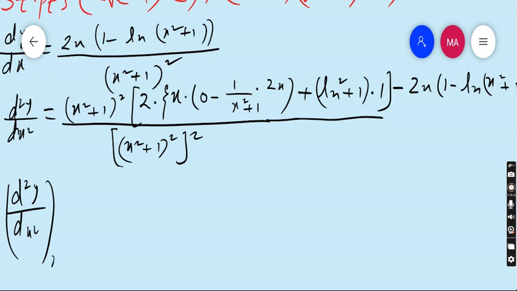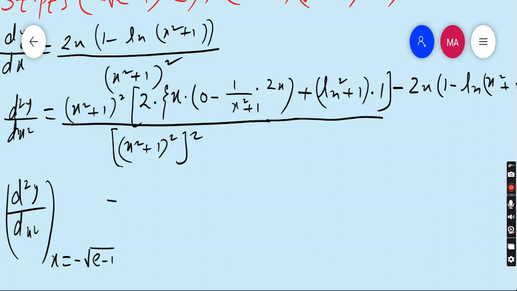So first I am taking x equal to the first value of x, that is minus root of e minus 1.